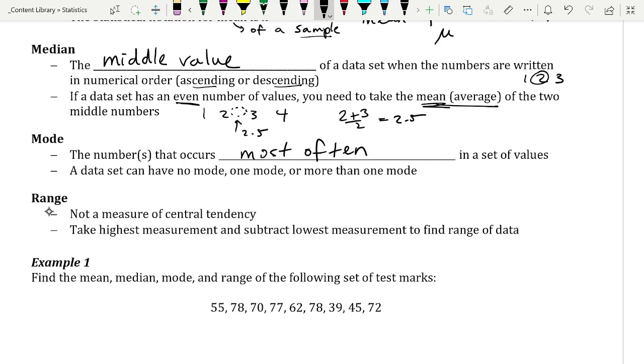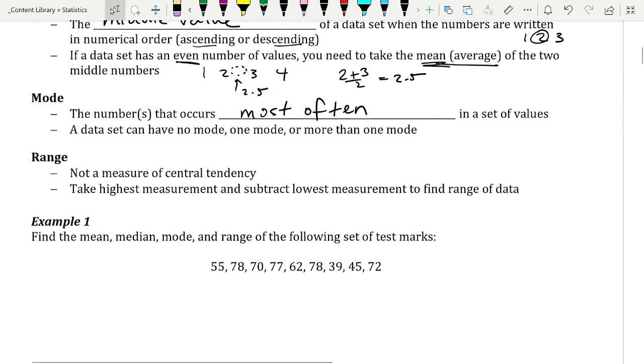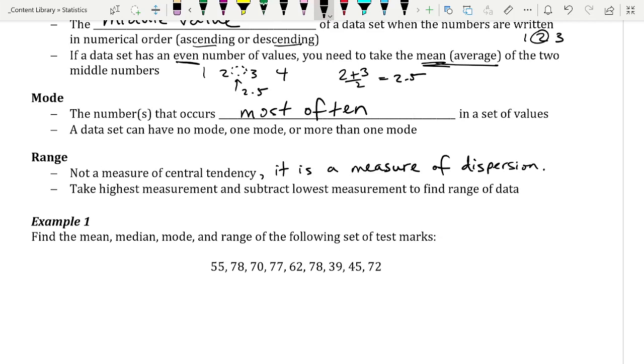Another concept from junior high that hopefully you remember is range. Range is not a measure of central tendency. I'm going to add to that. It is a measure of dispersion. And I just misspelled dispersion. Anybody take a guess what that word means?